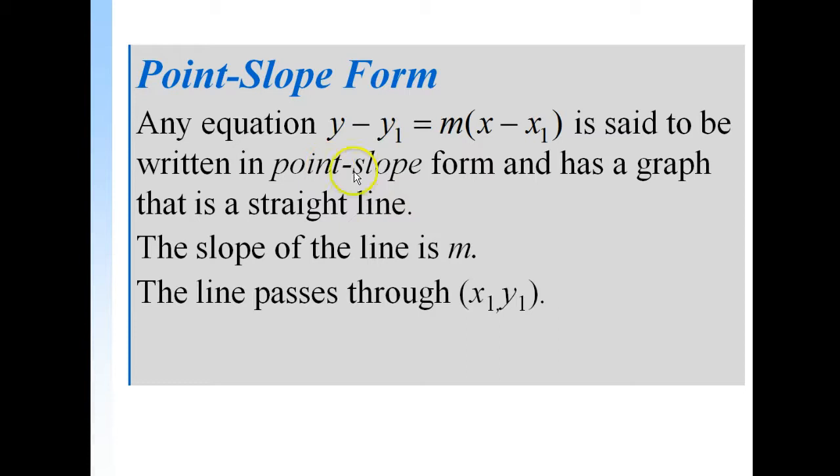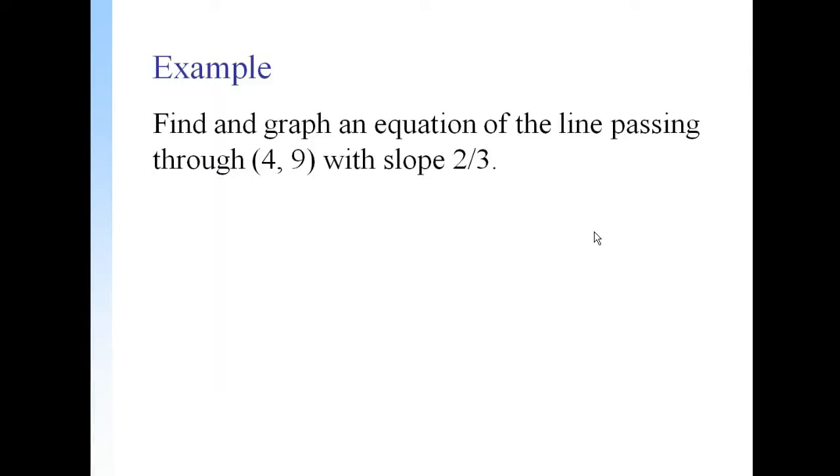So there's the equation, and the formal name for it is the point slope form. And there's your one point, and there's the slope. So find the graph of an equation of a line passing through this point with this slope.